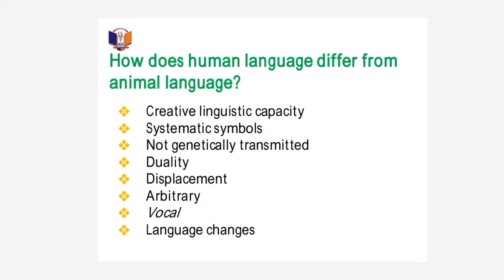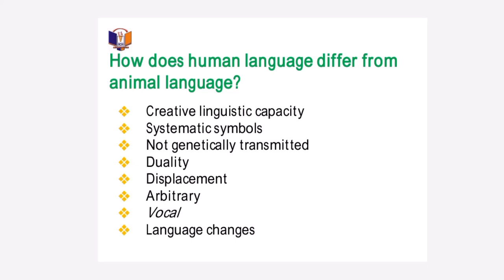Human language has creative linguistic what? Capacity. Meaning that we can generate new systematic coding on daily basis. There were words that never existed 10 years ago, but now they are obtainable because of the advancement we have today in industries, in the global world, in technology, and so on and so forth.